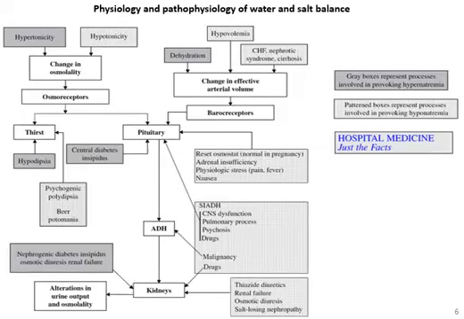In this slide, I will summarize the main physiologic and pathophysiologic regulators of water and salt balance. You are supposed to clearly understand that the primary regulators are ADH, aldosterone, and natriuretic peptides, which are stimulated by osmoreceptors and baroreceptors.